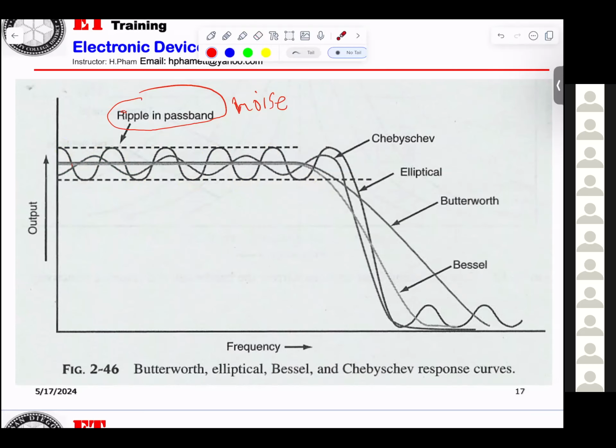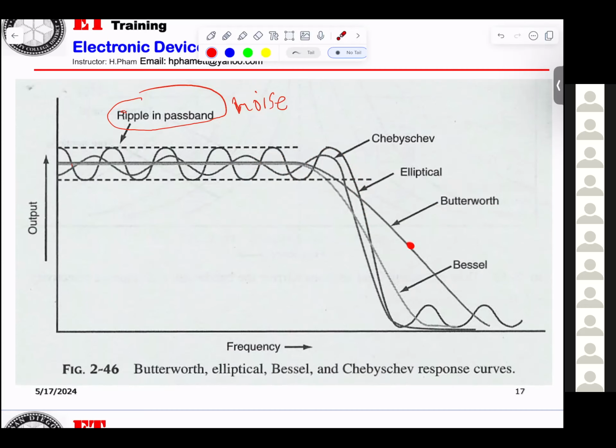Okay, now, if you're looking at that one, not capacity, the thing is they get annoyed. Okay? Second thing, elliptical. This is elliptical. They get the noise. Okay? But the Butterworth, no noise.